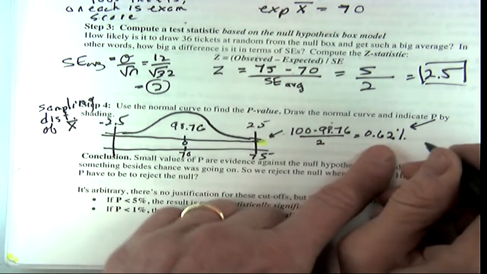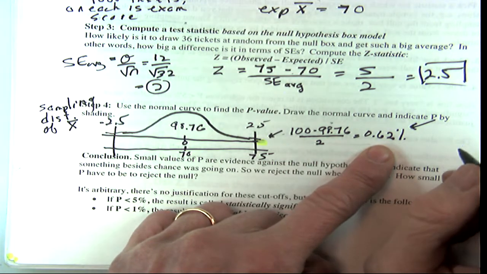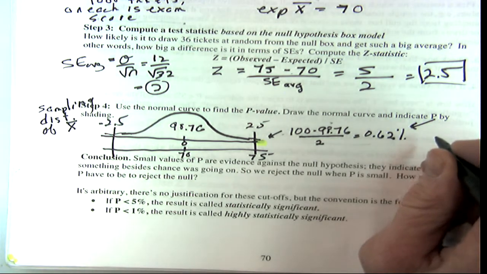Now, this p-value, what is it? It's the probability we'd get if the null was true.